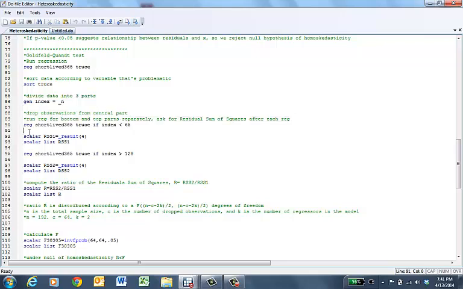Then we use these next 2 lines of code to pull the residual sum of squares from the regression. And we run our regression for the top model. So for the cases 129 and above, and again, we pull the residual sum of squares from this model, and finally we compute their ratio.